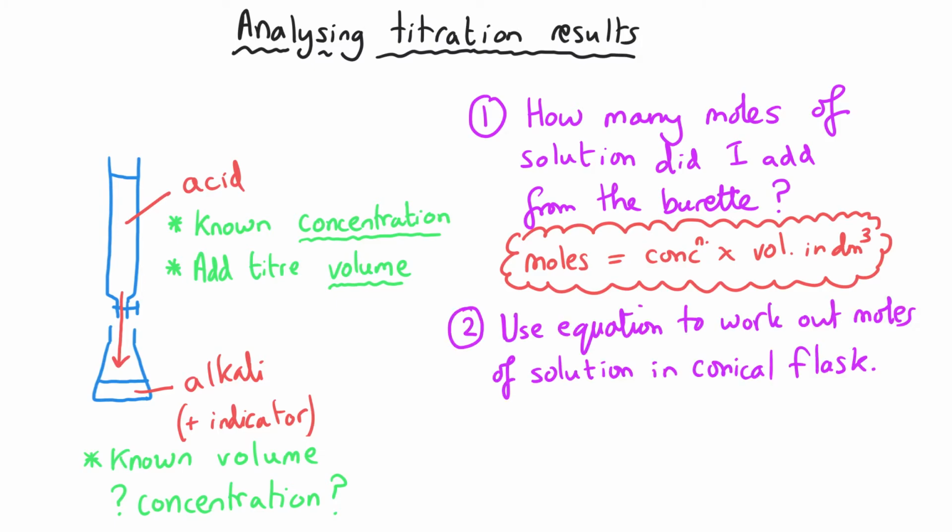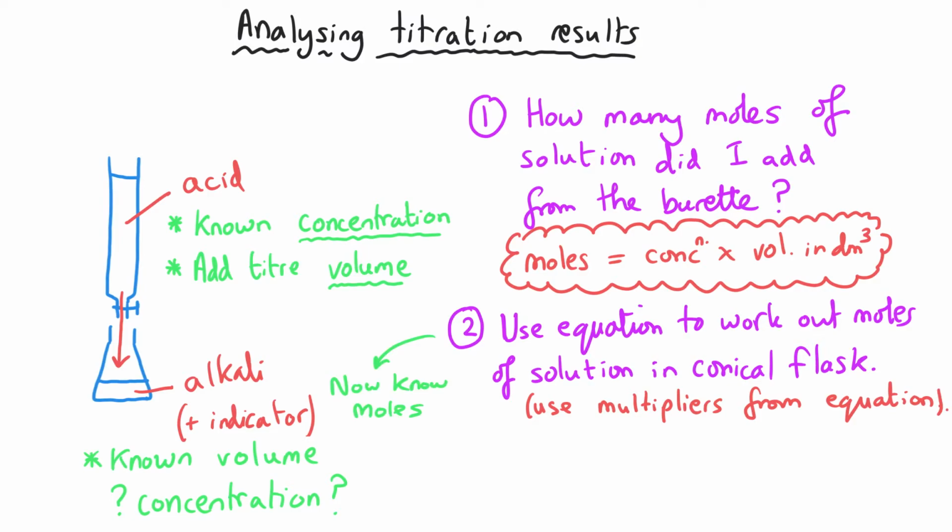Step two is to use the equation for the reaction to work out the moles of the other chemical that there must be in the conical flask. And so that means use the ratios, use those numbers, the coefficients in the equation. Is it 1 to 1 or 1 to 2? We'll look at some examples of that in a moment.